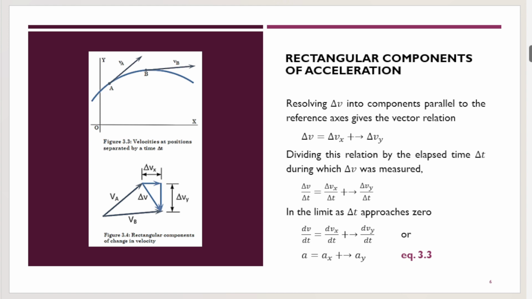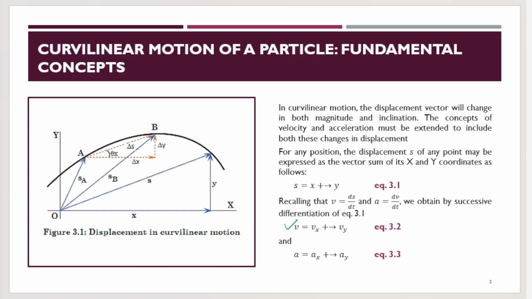Dividing this relation by the elapsed time delta t, we have delta V over delta t equals delta Vx over delta t plus delta Vy over delta t. Remember, a is equal to dv over dt, therefore acceleration is equal to a sub x plus a sub y, which is similar to what we showed earlier. This is equation 3.3.